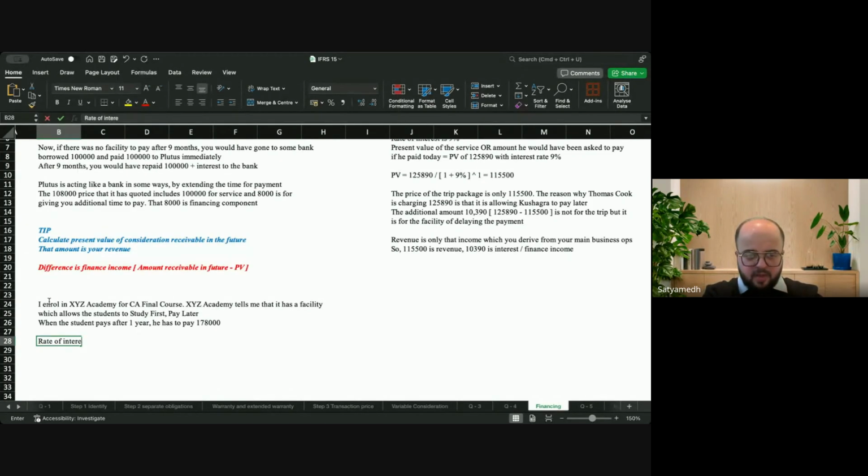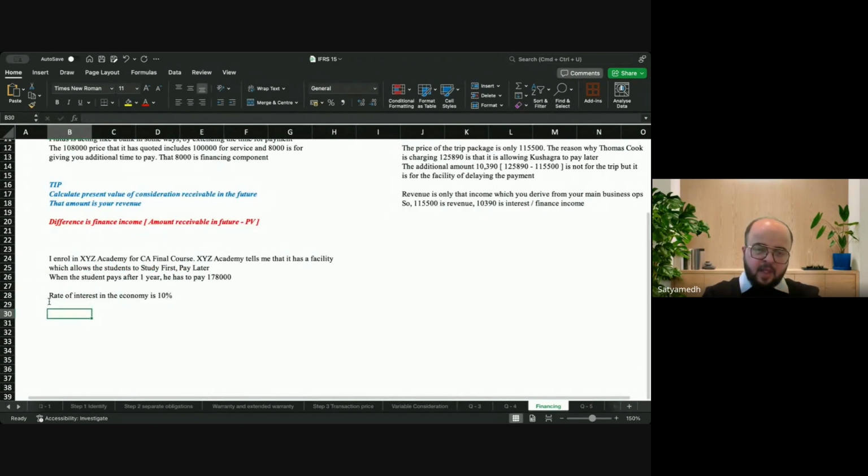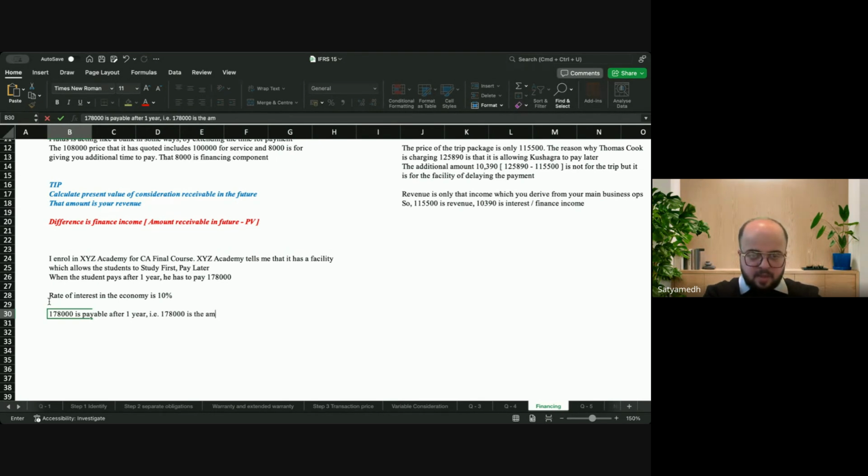The rate of interest in the economy is 10%. Now, 1,78,000 is payable after 1 year. That is, 1,78,000 is the amount payable in future.